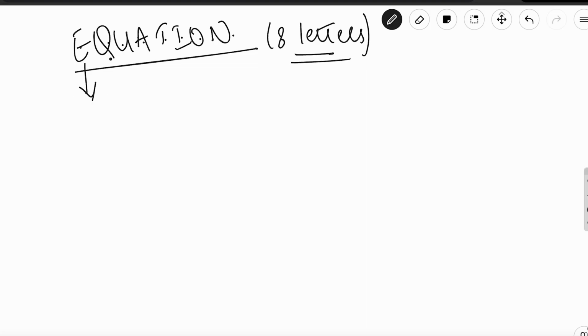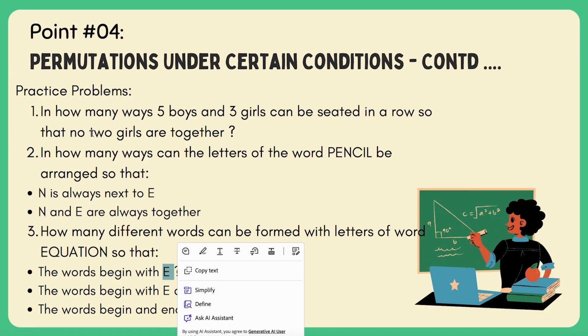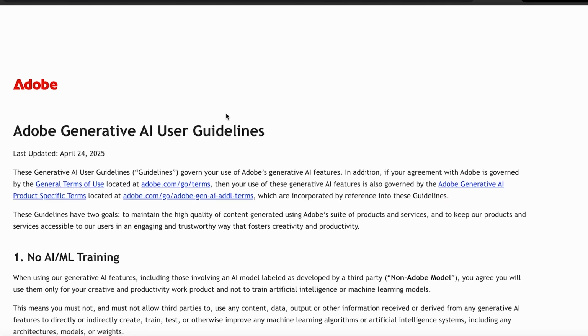So when we fixed E, we are left with 7 letters. So how many words can be formed is basically the arrangement of 7 letters together. So 7 factorial words can be formed when E is fixed in first position.